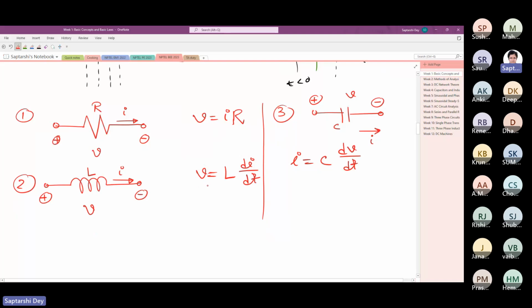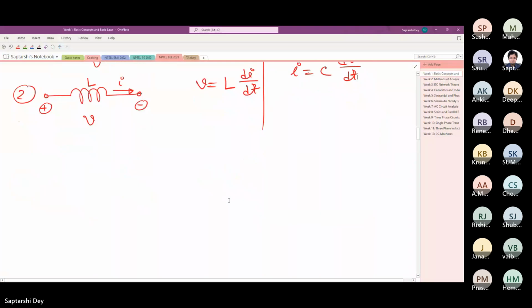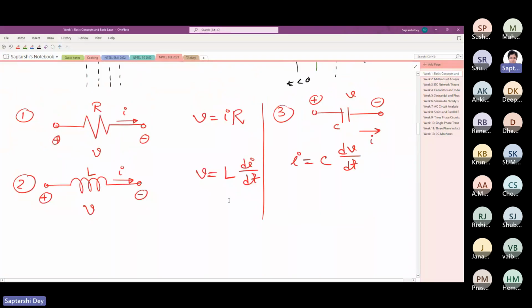That much will be the slope of current through it. That's it. You need not be bothered about whether it is DC or AC. This is a very general equation, no exception, applicable everywhere if there is a pure inductor. Understood? Don't mess these things up. Always make sure that whenever you mean instantaneous, you write lowercase letters.